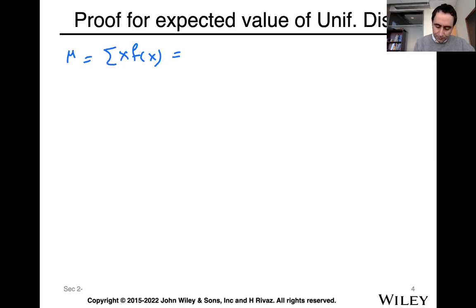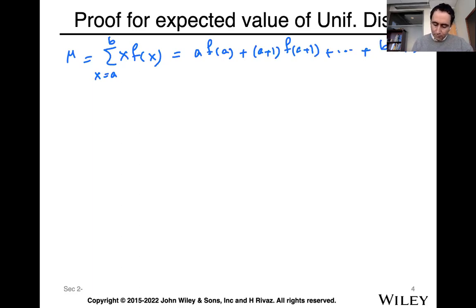So x goes from a to b, right? So I have a uniform distribution that varies from a to b. So I'm going to plug in. It's going to be a f of a plus a plus 1 f of a plus 1 plus dot dot dot plus b f of b, right?